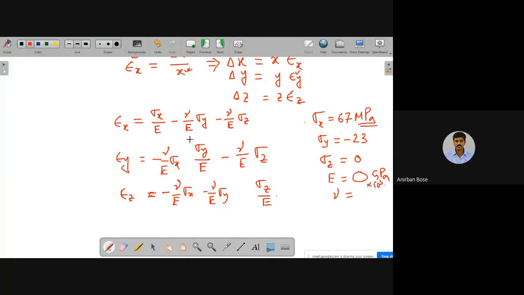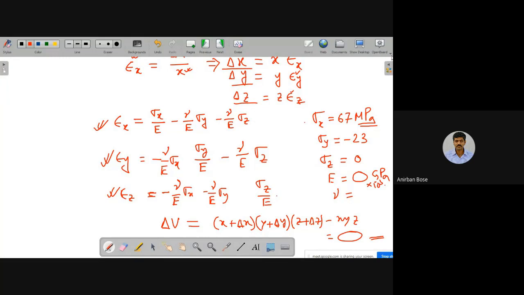Then you put all these values and you will be able to find out epsilon x, epsilon y, and epsilon z. After that, you find out delta x, delta y, delta z, and finally find out the volume change. Okay. So I think you got how to solve the problem: final volume minus the initial volume. Okay, this is all about this tutorial.